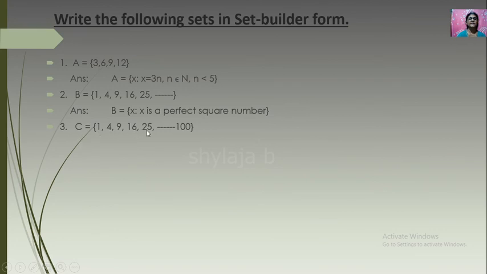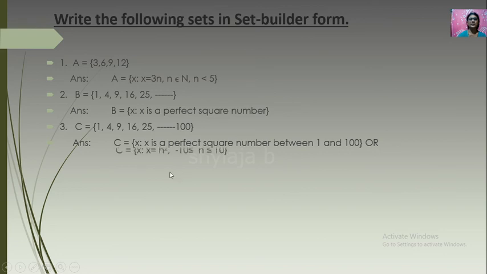Third question. Set C: 1, 4, 9, 16, dash, dash, dash, 100. Here the last number was not given in set B. In set C, the last element is given. So it is up to 100 only. So these are all the square numbers. How can you write these in set builder form? Look here: x such that x is a perfect square number between 1 and 100.